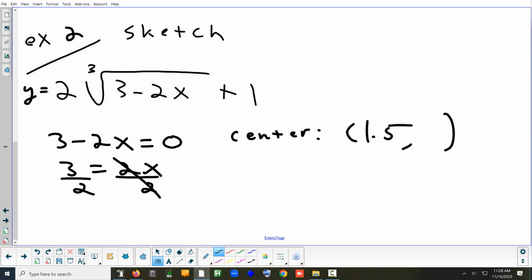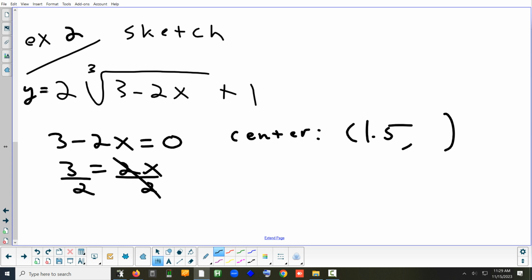To get the y value, you just plug the number back in for x and see what you get. So we're going to plug in 1.5. What's 2 times 1.5? 3. And what's 3 minus 3? 0. We already knew that was going to happen. If we didn't get 0 when you plug that number back in, then you didn't get the right number. So 0.